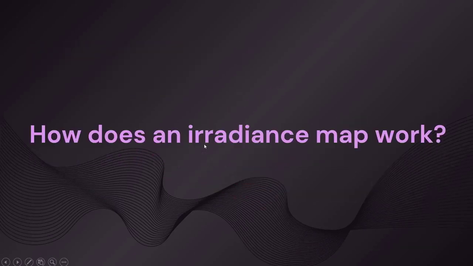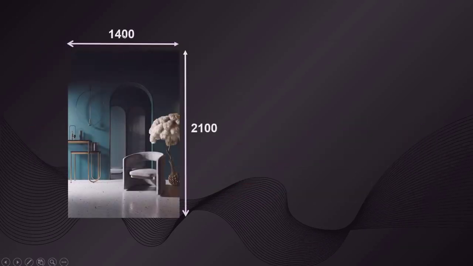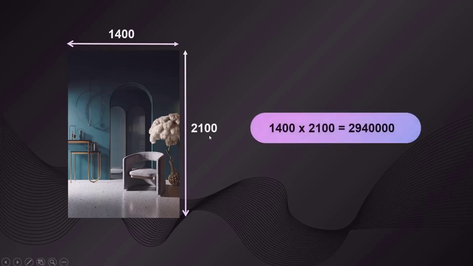Let's say that we have an image which is 1400 in width and 2100 in height. So we have exactly 2,940,000 pixels in this image. If we were using the brute force method, we would have 2,940,000 rays cast into the whole image, so one ray per pixel.